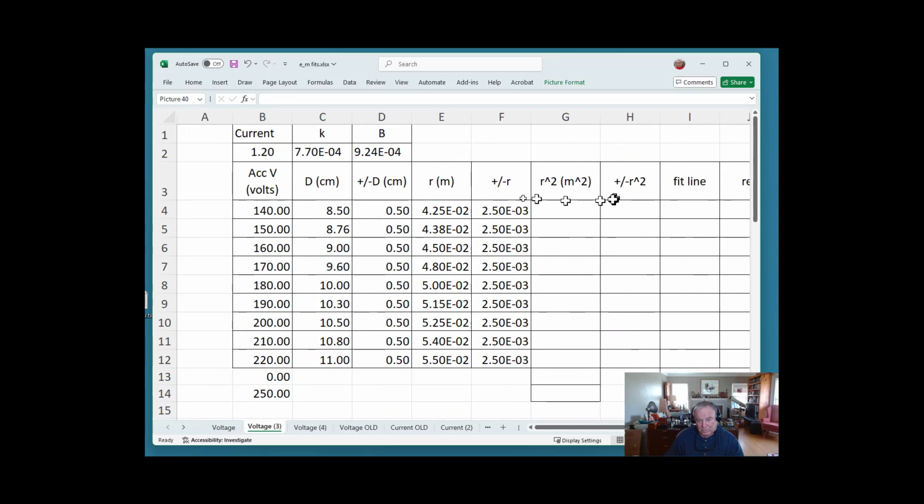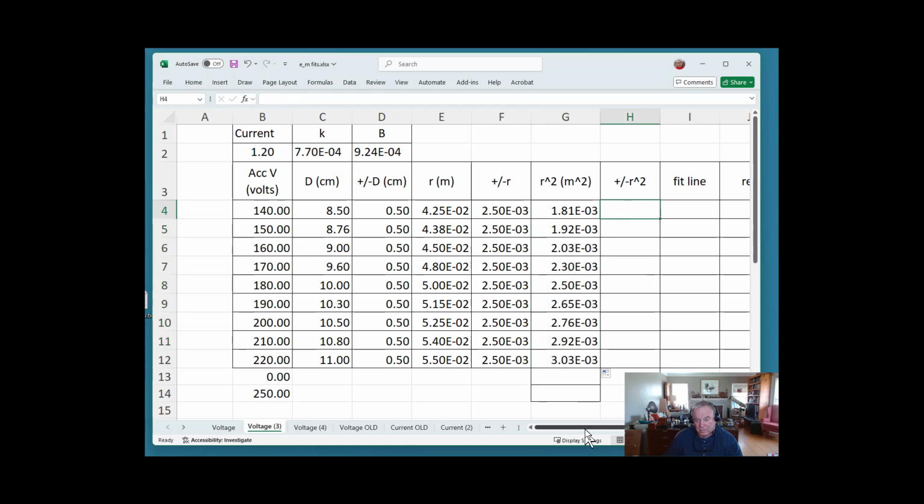We assume we know what's going on here. So we're going to say that this equals the radius, and we want to square it. And so we can use the fill handle. Not quite sure why these extras are here.